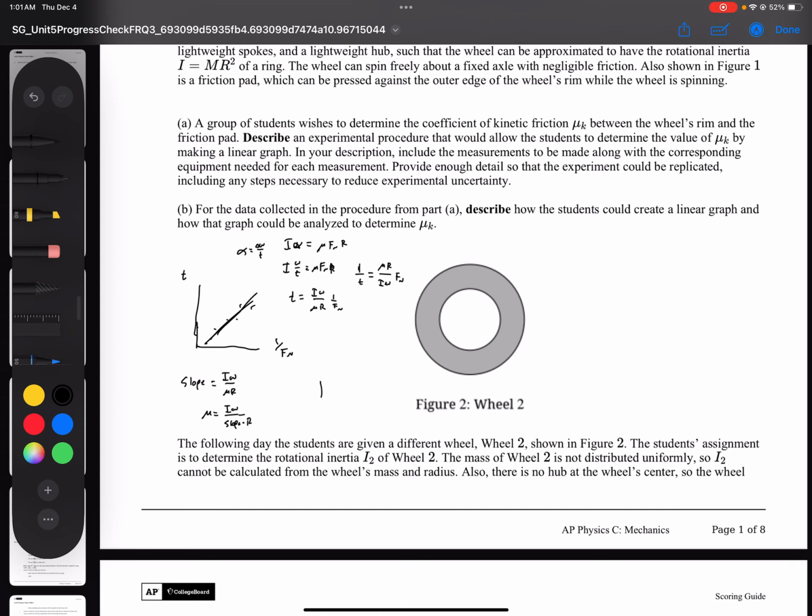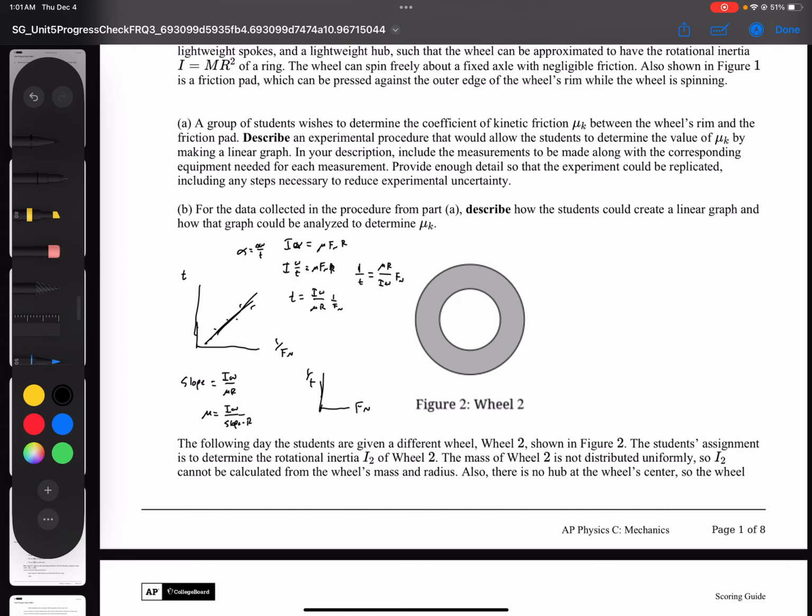And then I could also do it the other way. I could measure inverse time and normal force. And if you think about it, this kind of makes sense, right? So they should be inversely proportional, right? Like in terms of normal force and time. If I apply the brakes with more force, it's going to take less time to stop the wheel, right? So I know that mathematically, or at least you have this relationship.